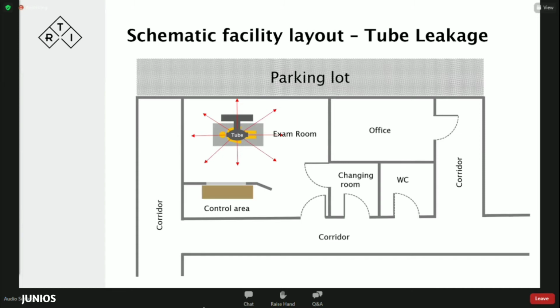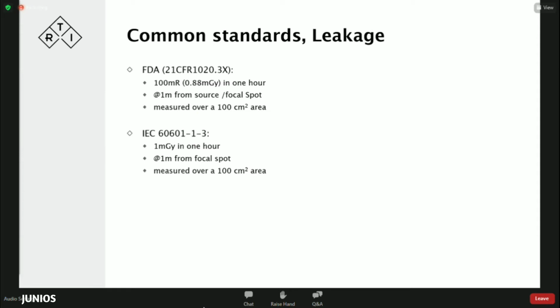So that's one of the things that we are interested to measure and make sure that this leakage radiation is within permissible limits. So what are the limits of leakage radiation? If we look into the standards, there are usually two that we use as reference.